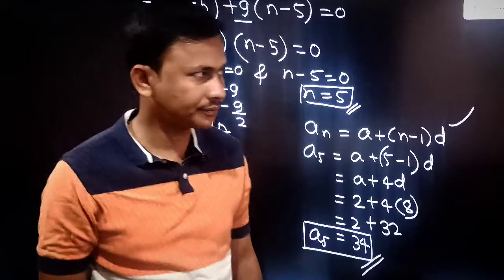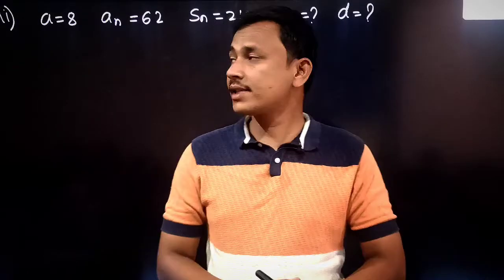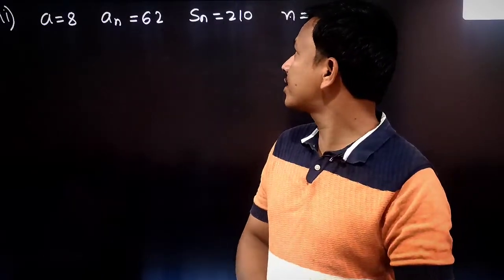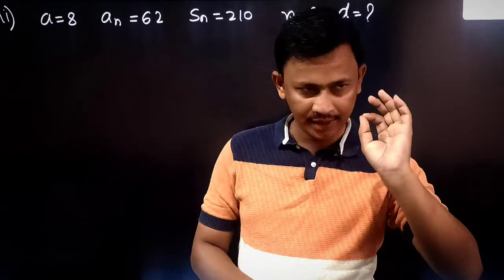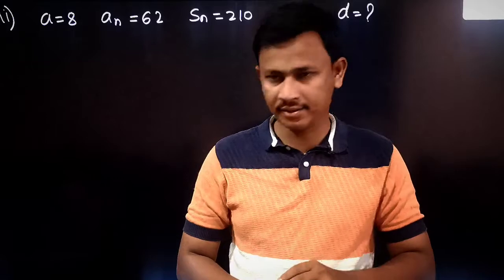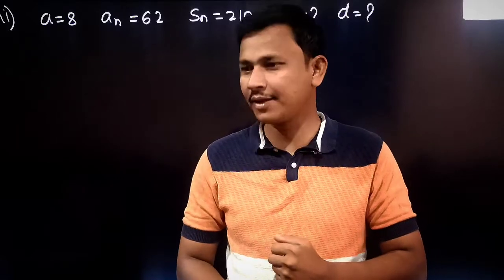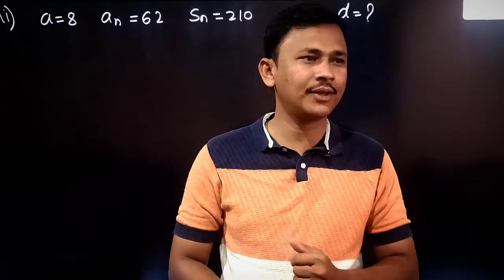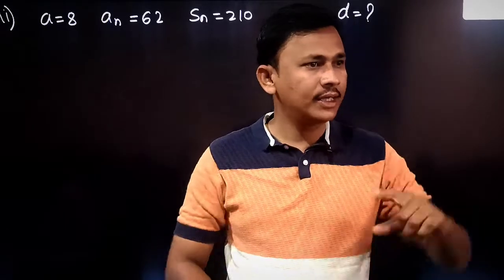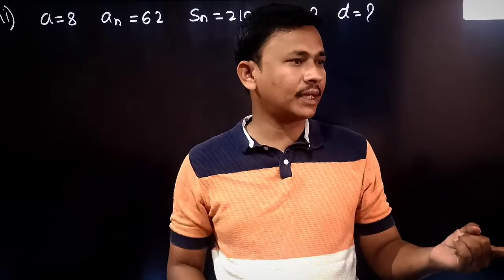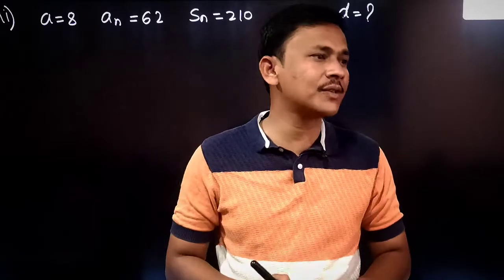Understood? Right. 8th question. The question is a is equal to 8, an is equal to 62, sn is equal to 210. What we need to find out? D and the n value. We know the a value, we know the an value. We will use the short formula for sn.